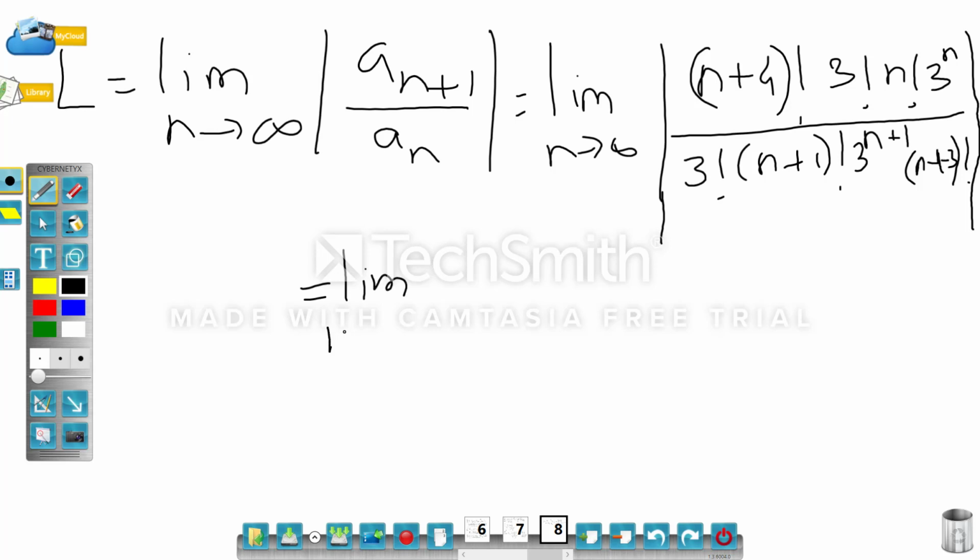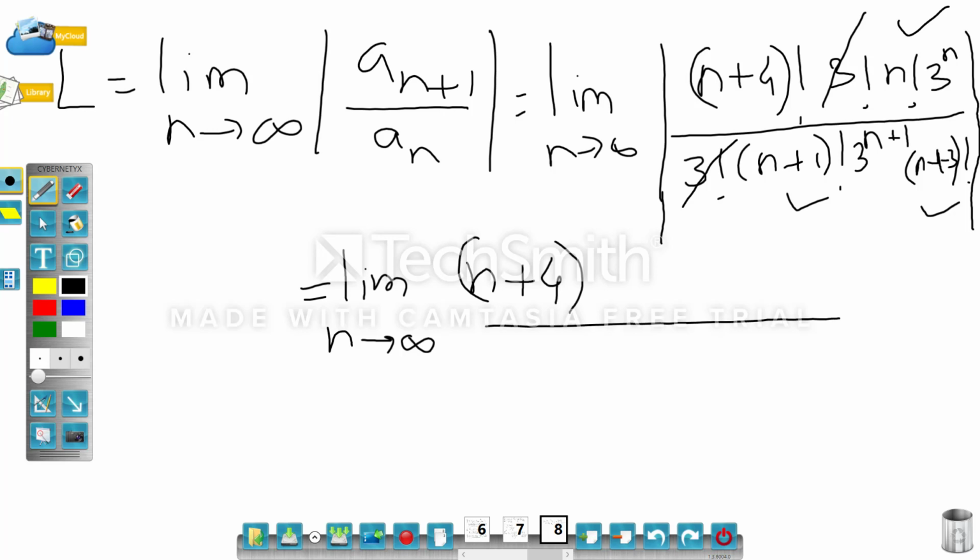So we will have n plus 4 in the numerator. Then this 3 factorial will get cancelled. Similarly, (n plus 1) factorial is the same as (n plus 1) into n factorial. So n factorial will get cancelled, and the denominator will have n plus 1.